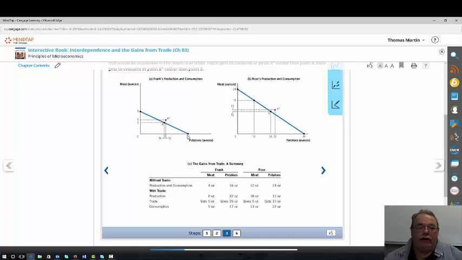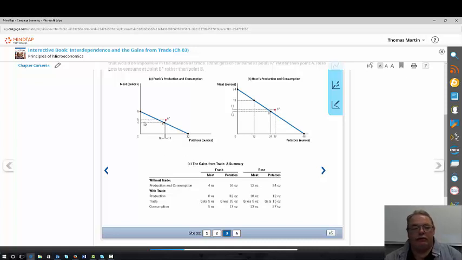So when we look at the graph, Frank's producing at 32 and Rose is producing at 18 and 12. In the agreement, Rose agrees to give 5 ounces of meat to Frank, and in return receives 15 ounces of potatoes.